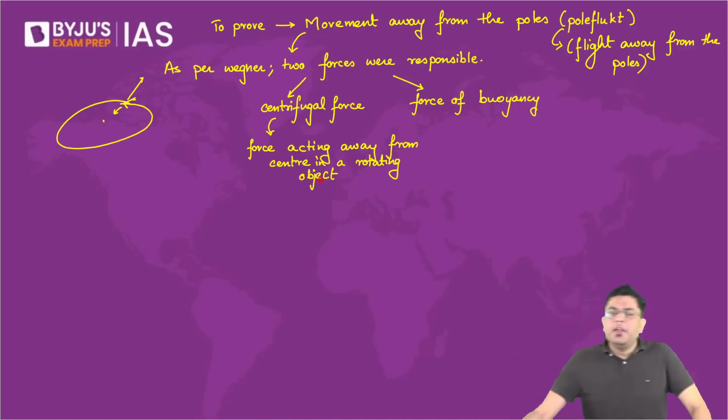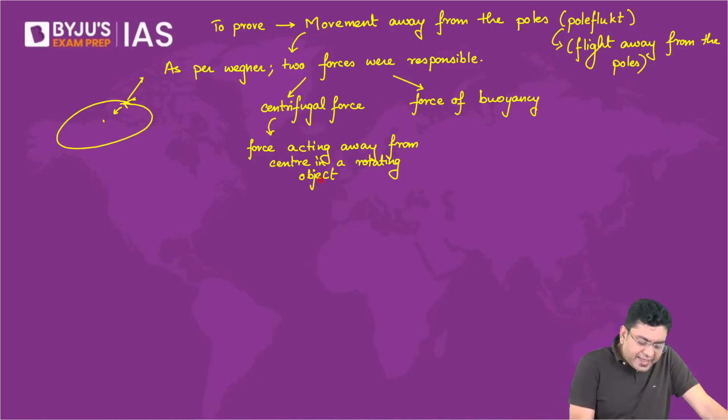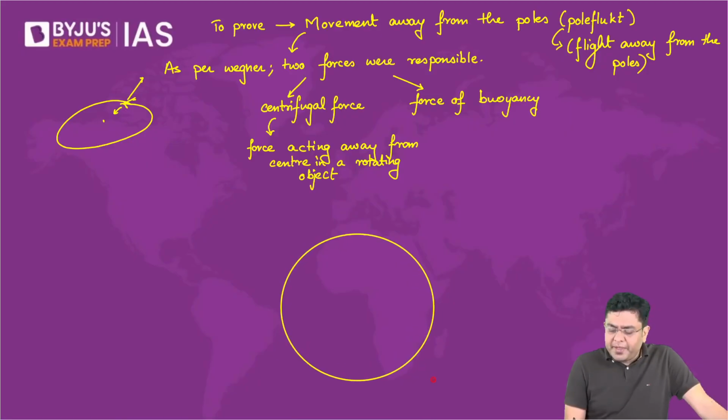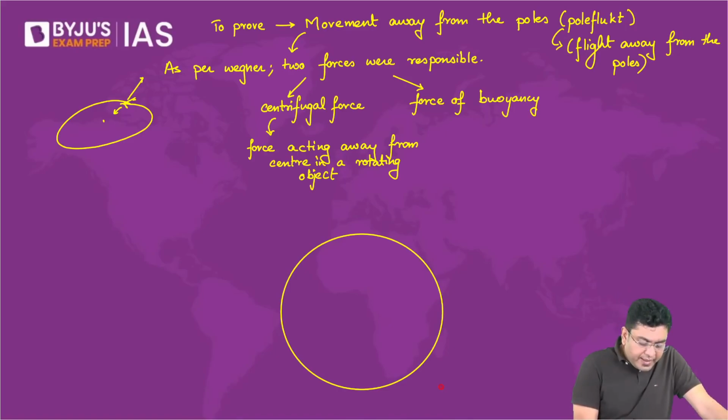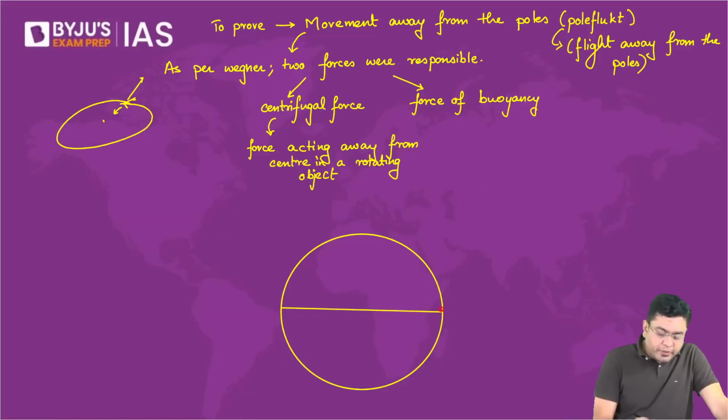So when we talk about these two forces, how is it that Wagner ascribed the flight away from poles in this case? He said that, look, the shape of the planet Earth is not a complete sphere. It is an oblate spheroid in a way. It is slightly bulged at the region of the equator, flattened around the region of the poles.